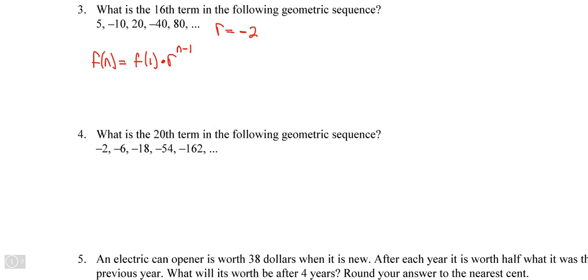So if we're looking for the 16th term here, f of 16 equals our first term in this sequence, which is 5, times r here, -2, to the n-1 power. So if n is 16, then our exponent here is 15.